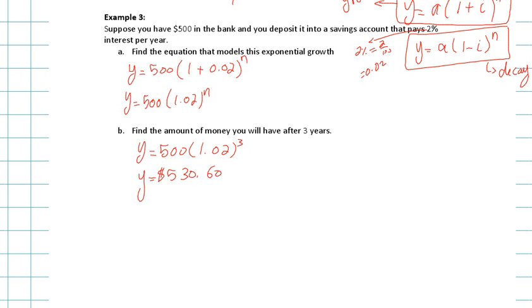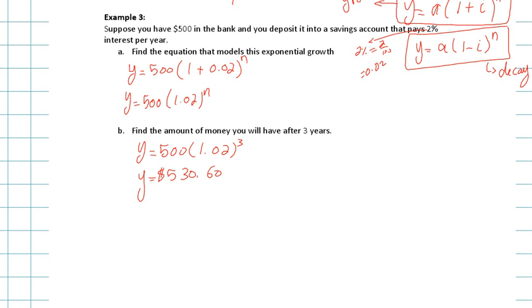Money should be left to 2 decimal places, so it's $530.61, rounded to the nearest cent.